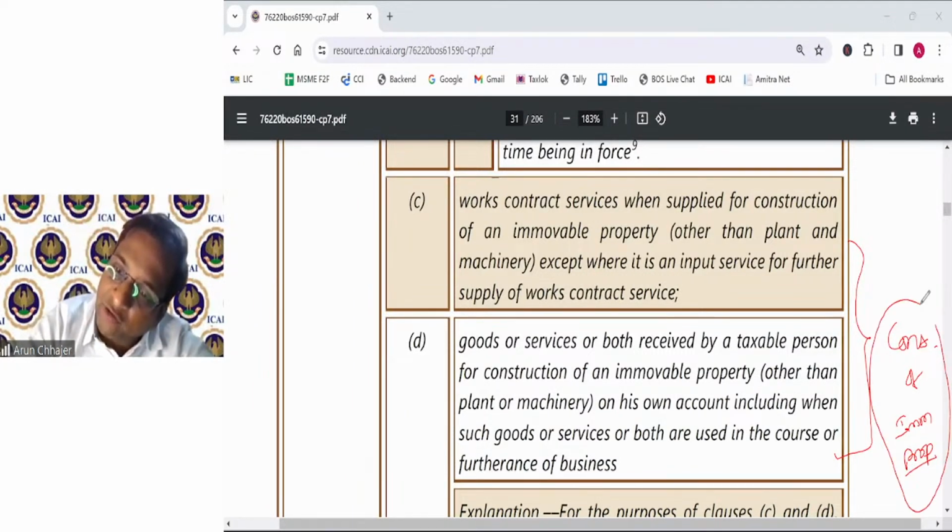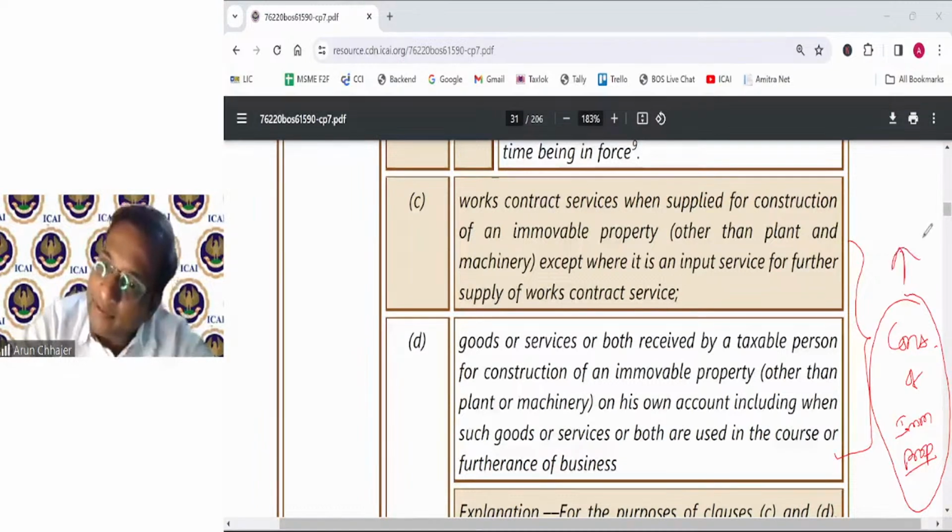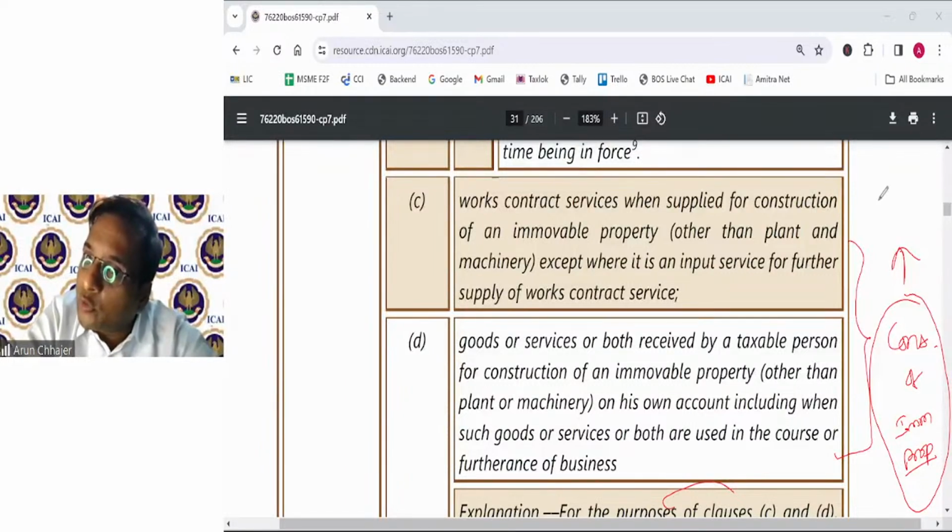First, what is the meaning of construction of an immovable property? It talks about the inclusive definition: reconstruction, renovation, alteration, repair, etc. But to the extent of capitalization.